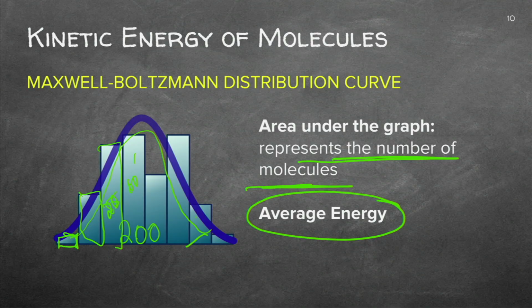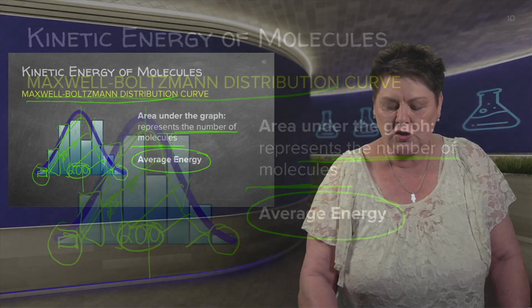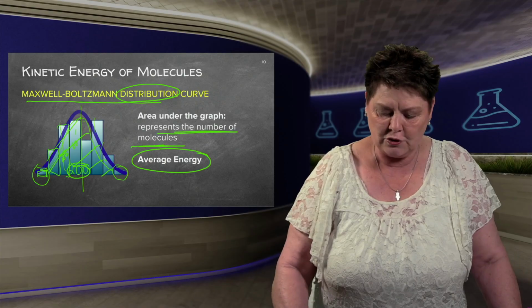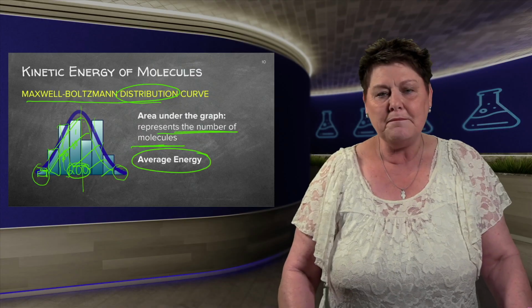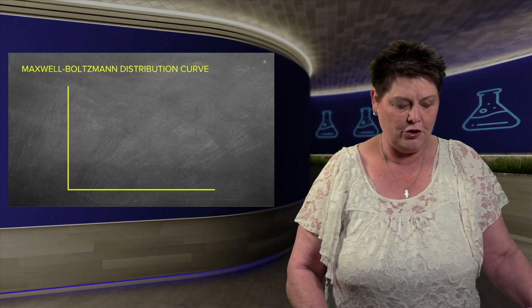And you will find under this, I've got in total now 200 molecules. They have an average that's more or less there. Some more, some less, and basically that's the distribution. That is how the Maxwell-Boltzmann distribution curve looks like. So you need to be able to interpret the Maxwell-Boltzmann distribution curve.